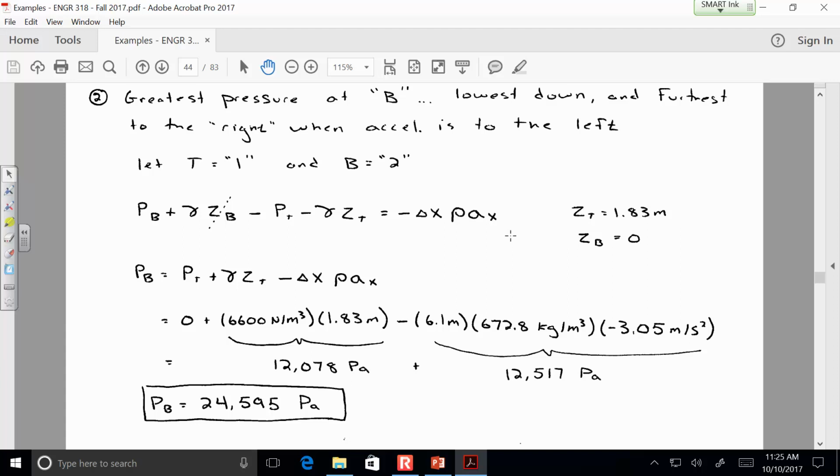One of the common mistakes that students make, besides the 2 versus 1 definition, and besides forgetting the negative sign for acceleration, I'd say maybe the third most common mistake with Euler's equation is that sometimes they'll do Euler's equation and then they'll also add on to it the hydrostatic effect. But you don't need to, because Euler's equation already has that covered. All right. Easy enough, right?